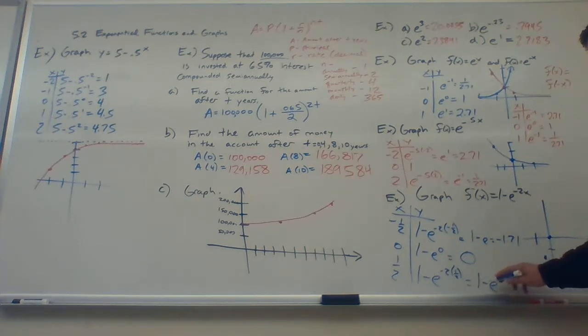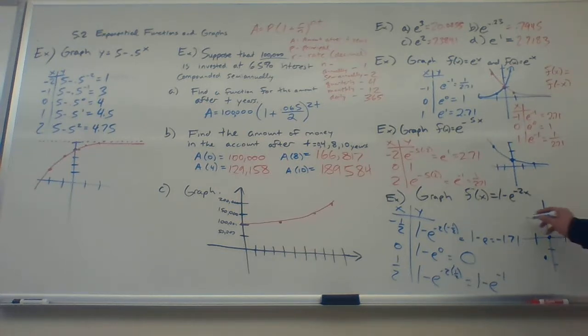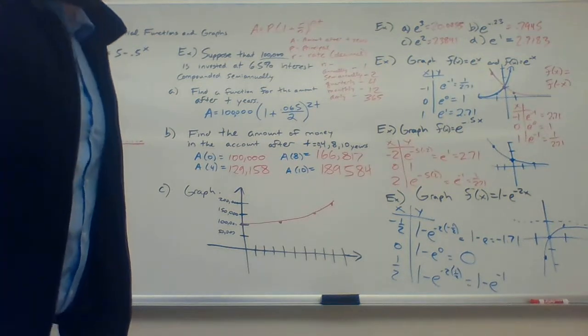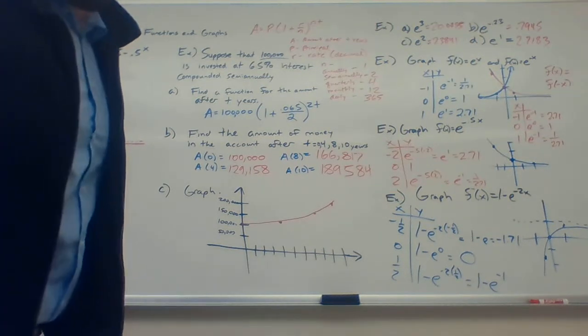It's 1 minus 1 over 2.71, which is almost 1/2. So that'll be 1 minus almost 1/2, which is close to 1/2. So you kind of get this, and then you have that asymptote at 1 because of that. Okay, there's the final graph. And that'll complete the lesson. All right, so good luck, and I will see you next time.